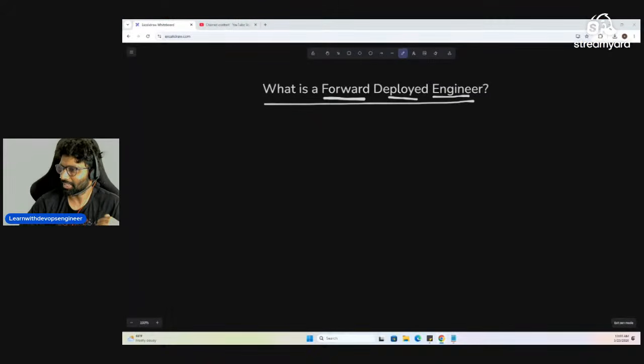I'm going to ask you multiple questions because you will relate a lot, I would say, with this position and also all the things which I'm going to discuss today. So I want you to answer my questions in the comments. I'm watching it on my other screen on the right side. So how many of you know forward deployed engineer? Seeing in the starting of this year. Great. Any other comments?